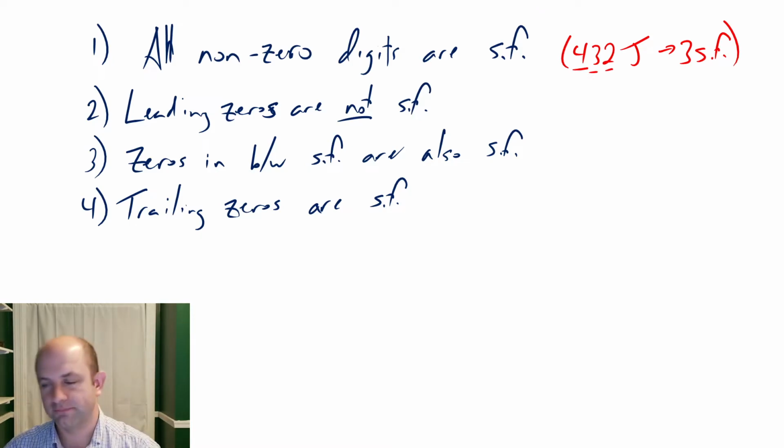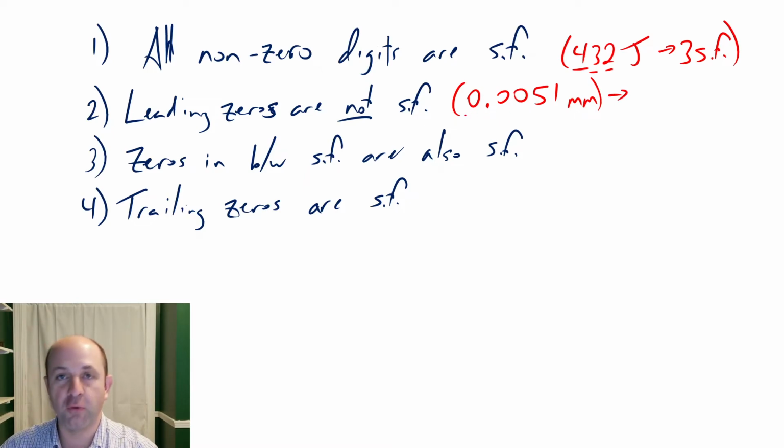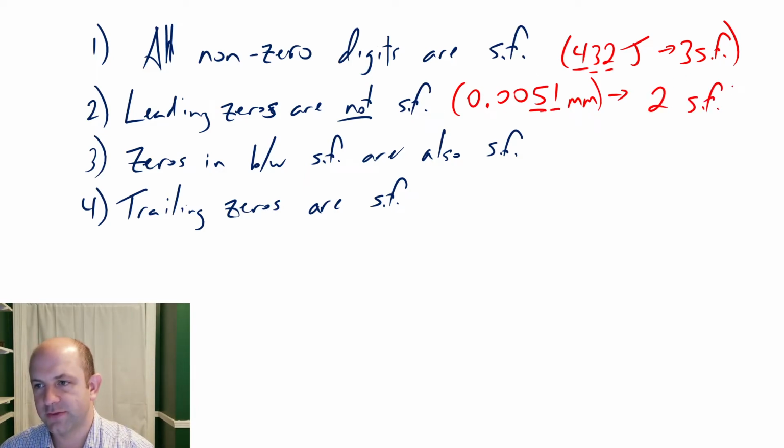They all count. With leading zeros, if it's something like 0.0051 millimeters, something very small, well, the leading zeros that are before everything else don't count. Only the 5 and the 1 do. That's 2 sig figs.